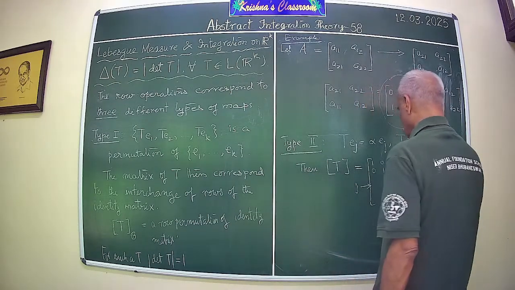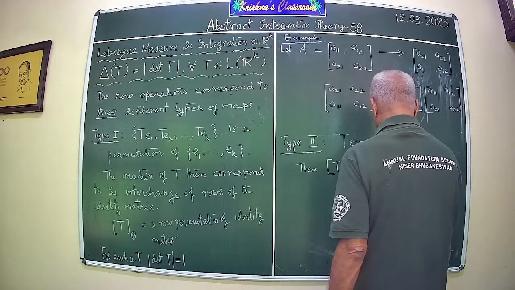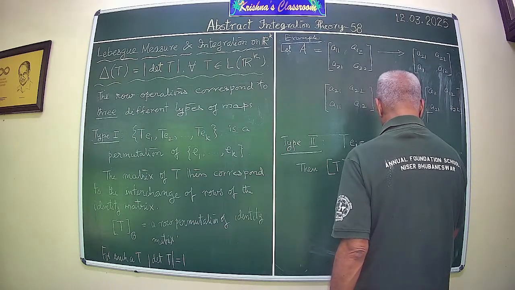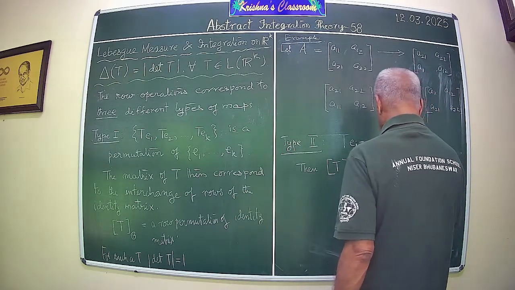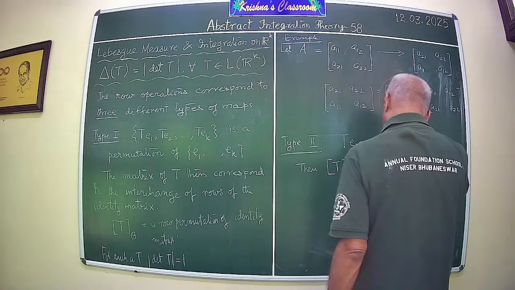The jth row you multiply by alpha, and then all others as usual.